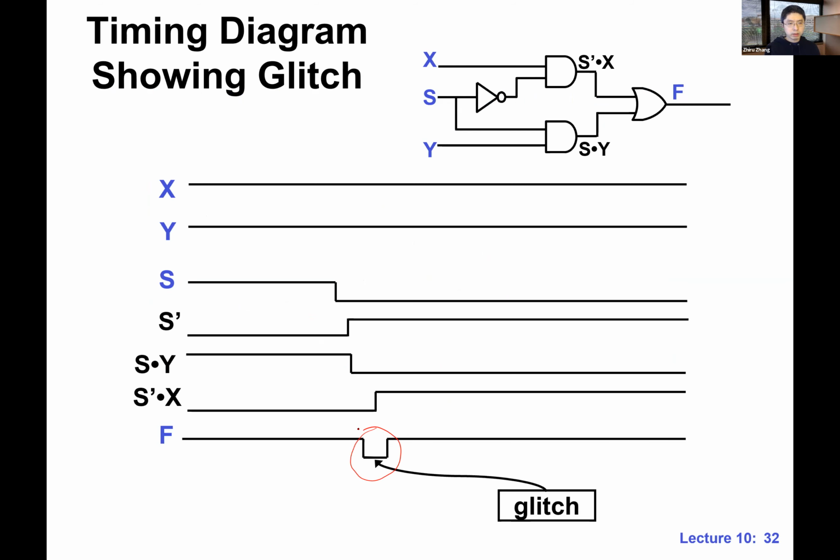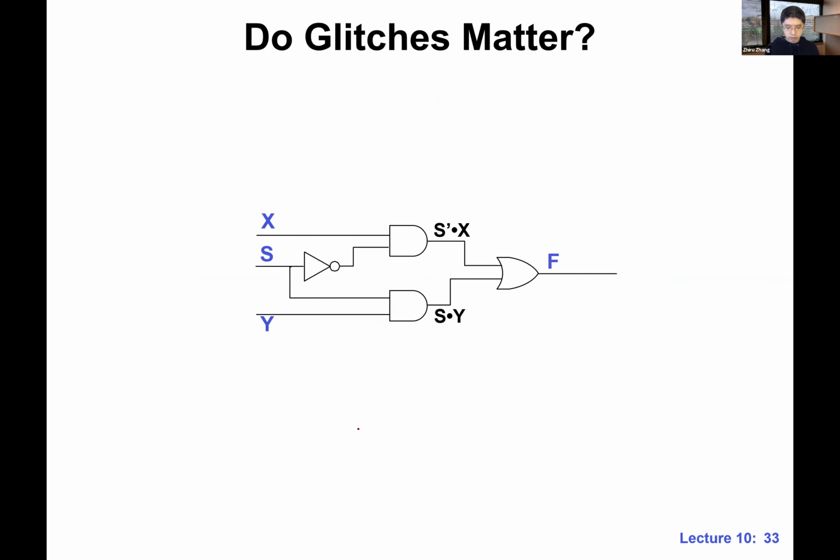All right, now the question is, is this worrisome? Is this something that we have to be concerned about? Actually, the answer is usually this is fine, because we are using flip-flops and clocks.